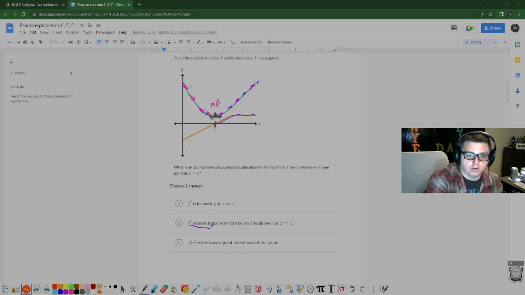So going from negative to positive at x equals c, and crosses the x-axis. That one I like. F of c is the lowest point in that part of the graph. Maybe? I don't know if we can guarantee that though. And it says what is an appropriate calculus-based justification. So the calculus-based justification is this. B.